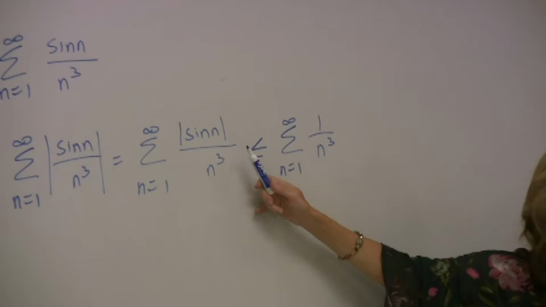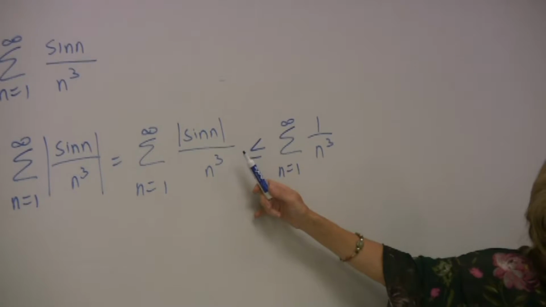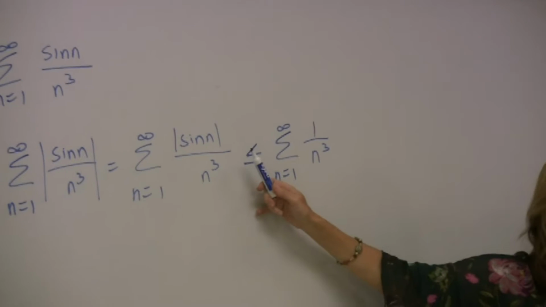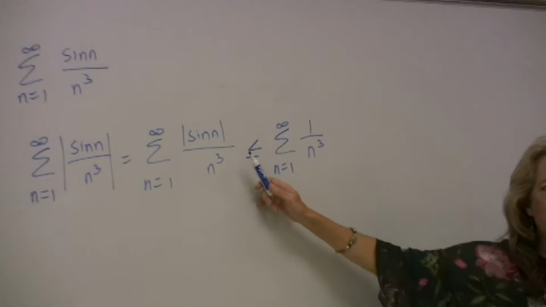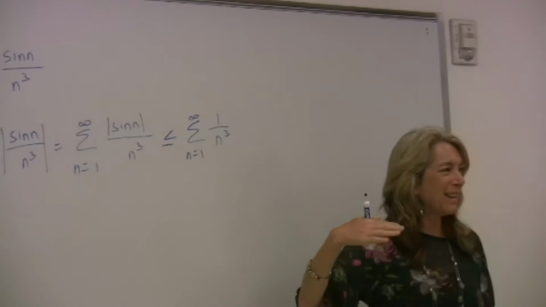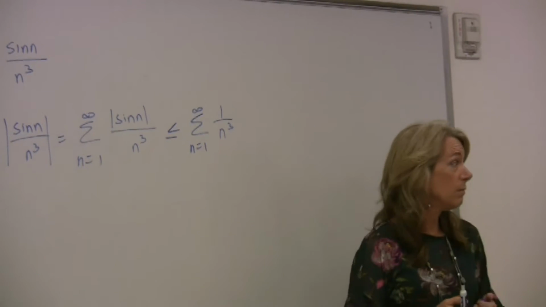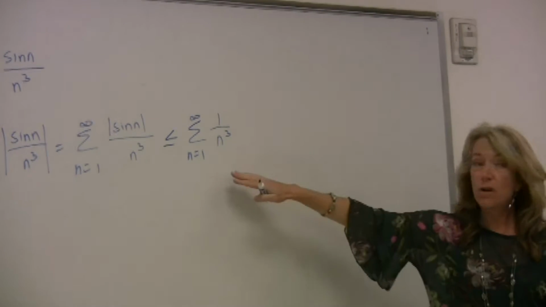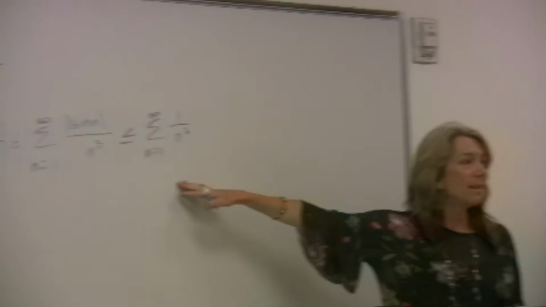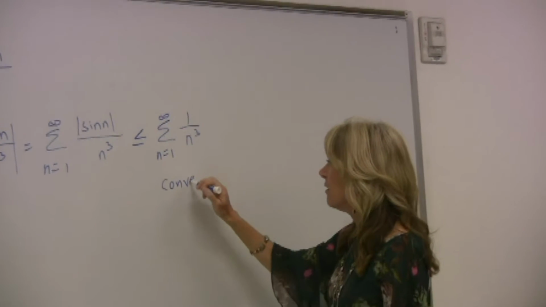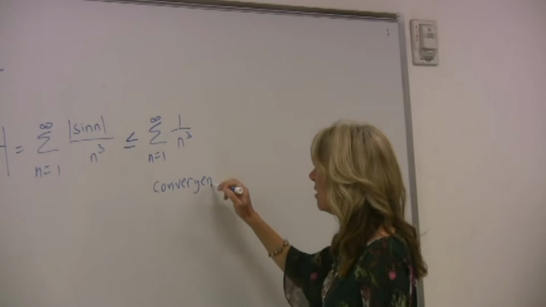Because some of these have numbers that are 0.6 or 0.4 or 0.38, whatever it might be. Because of what we know about sine functions. Whenever you see trig functions, you're going to use the fact that they have a minimum and maximum of 1. Sines and cosines do it. What do we know about this series? That's convergent. Why? Because p is equal to 3, which is greater than 1. Aha, this is a convergent p-series.